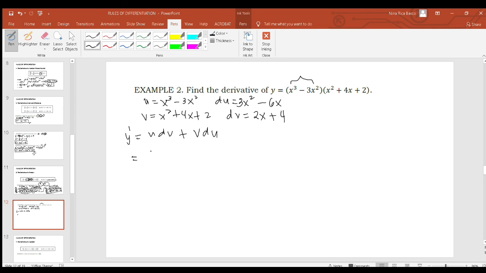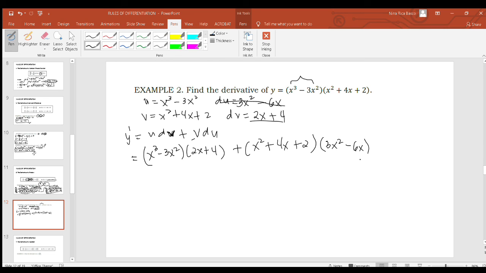Our u is x cubed minus 3x squared times dv, which is 2x plus 4, plus v, which is x squared plus 4x plus 2, multiplied by du, which is 3x squared minus 6x.